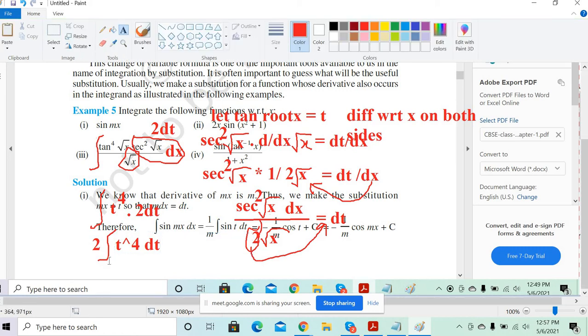Now this has come to the simplest form, the form in which you can do the normal integration. Integration of x power n is x power n plus 1 by n plus 1. So t power 4 can be written as t power 5 by 5.